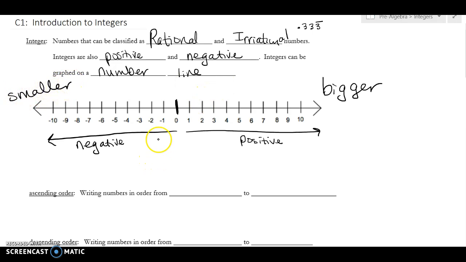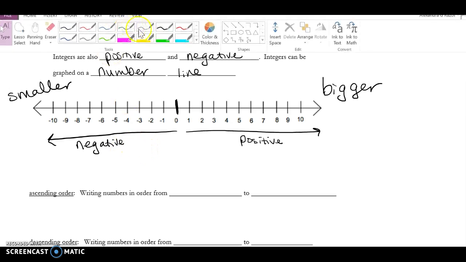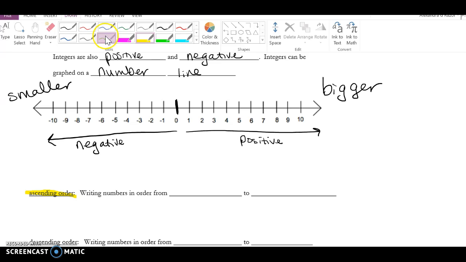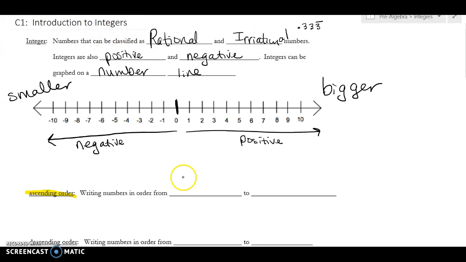There are several things you're going to have to be able to do today. One of them is being able to write things in ascending order. Ascending is like you ascend the mountain. They go from small to big, from smallest numbers to biggest numbers.